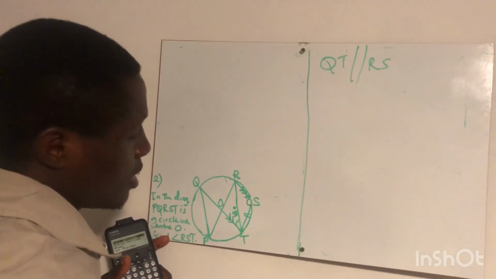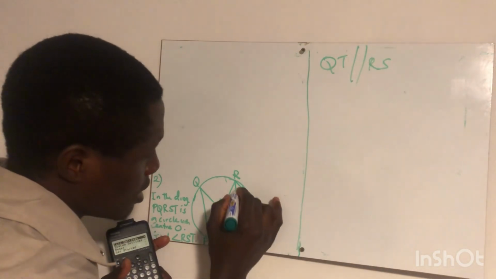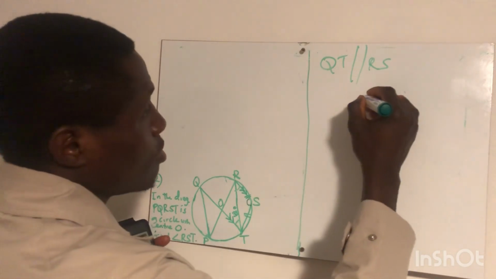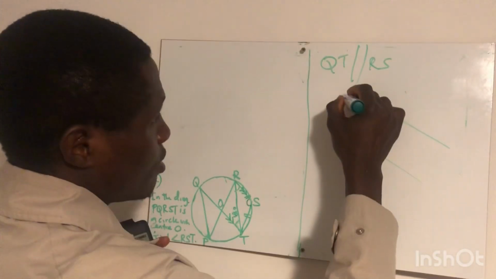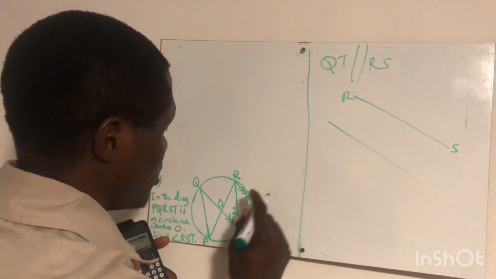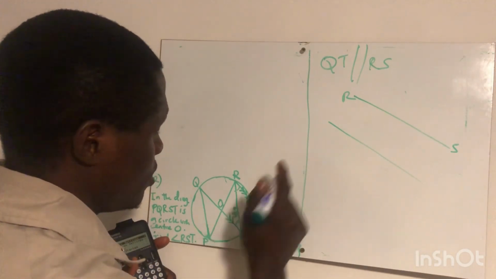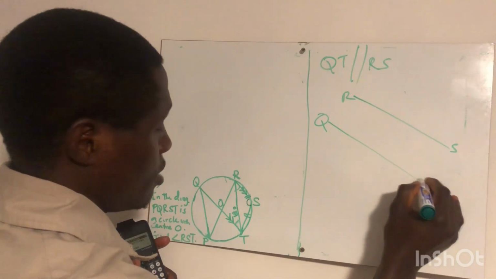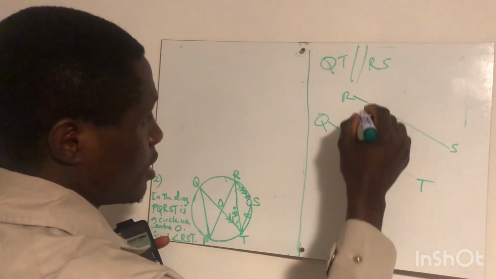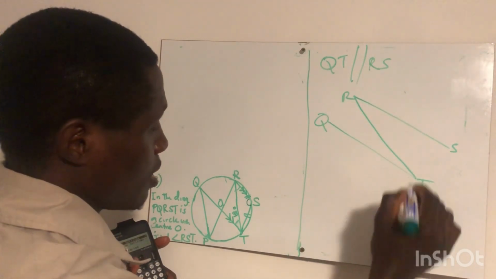Since they are parallel, this angle here is an alternate angle. When you have parallel lines, you're having RS, and then you're having QT, and they meet like this.